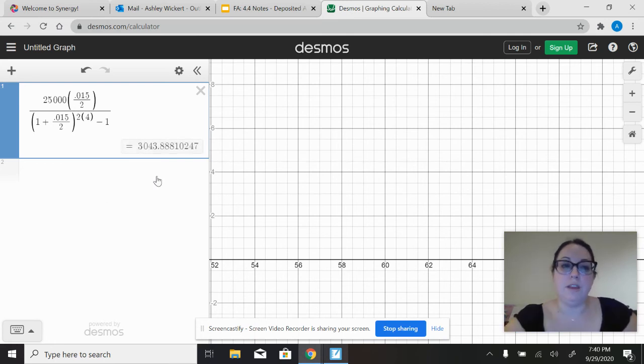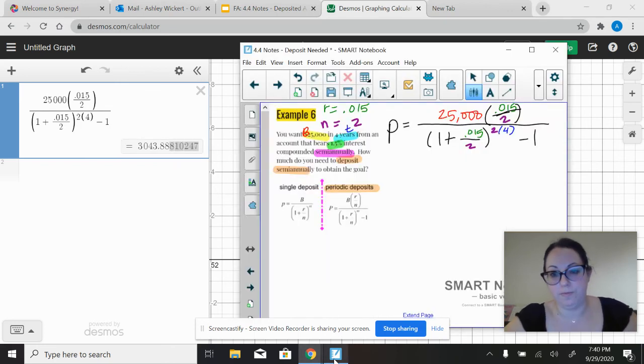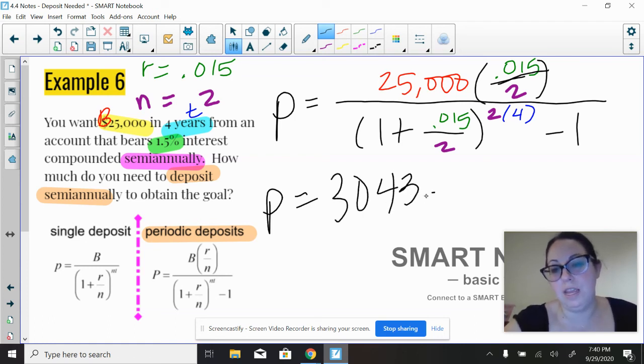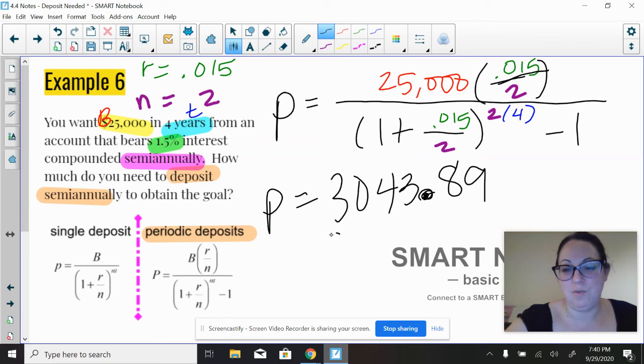So if I want to get $25,000 over a 4-year time period, this is the amount that I'm going to deposit twice a year in order to make that happen. $3,043, and then 0.888 is going to round up to 89 cents. $3,043.89, and we are going to deposit that semi-annually.